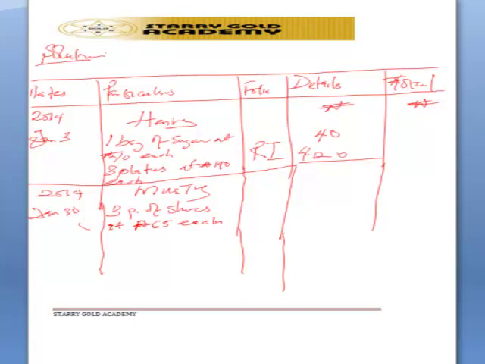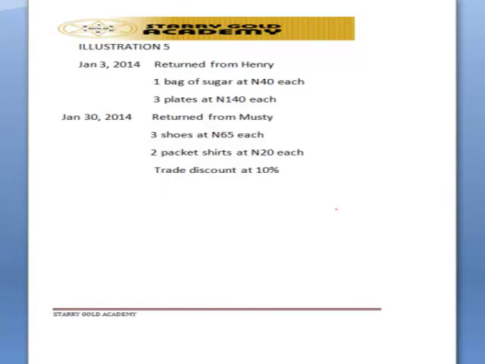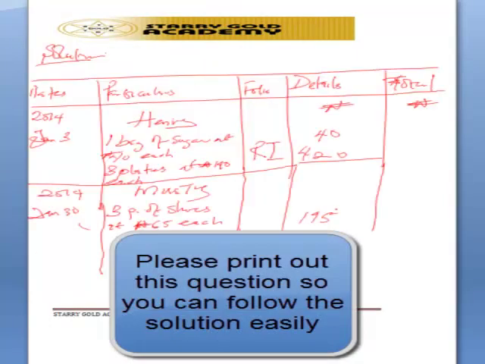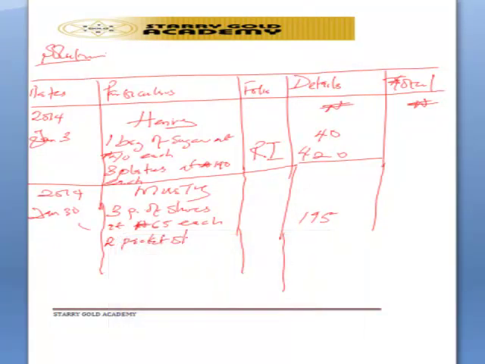That will give us 3 times 65, and that is 195. What do we have there? We have 2 packet shirts at 20 naira each, and that is 40. If we sum this together, we have it as 235.